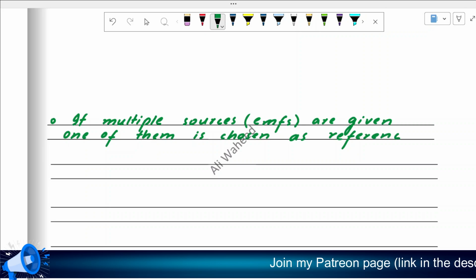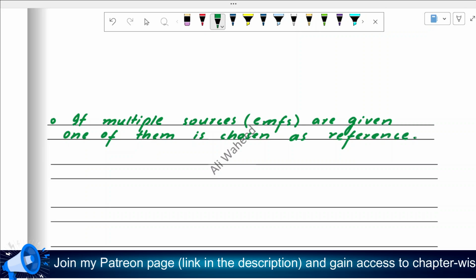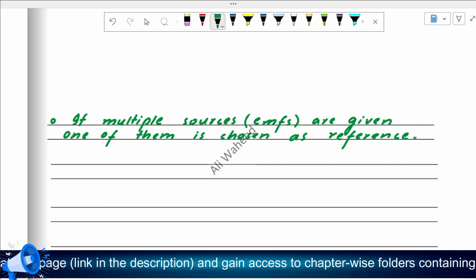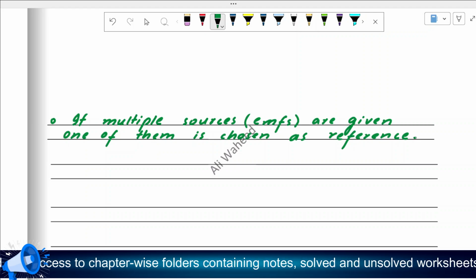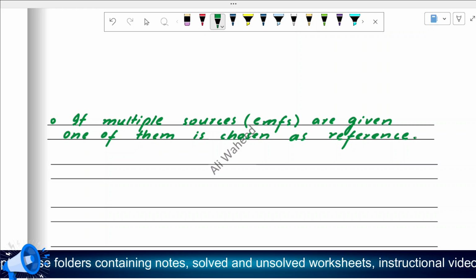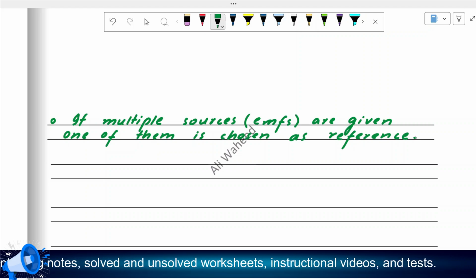There would be one chosen power supply, one chosen battery, or one chosen cell. So out of all the EMFs, we'll choose 1 for reference.